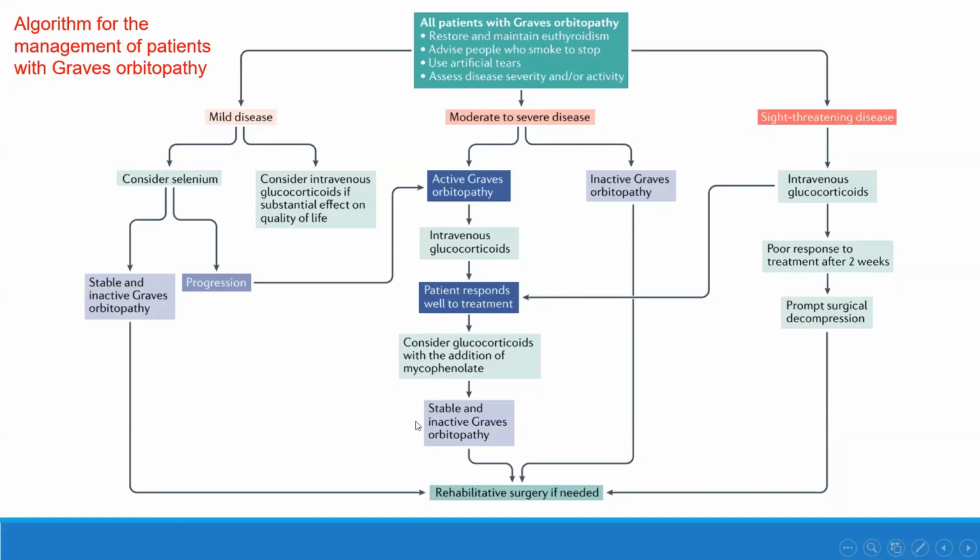If it is stable and inactive Graves' orbitopathy, after some time we go to rehabilitative surgery. If sight-threatening disease, we should go to intravenous glucocorticoid. Poor response to the treatment, we go to surgical decompression.